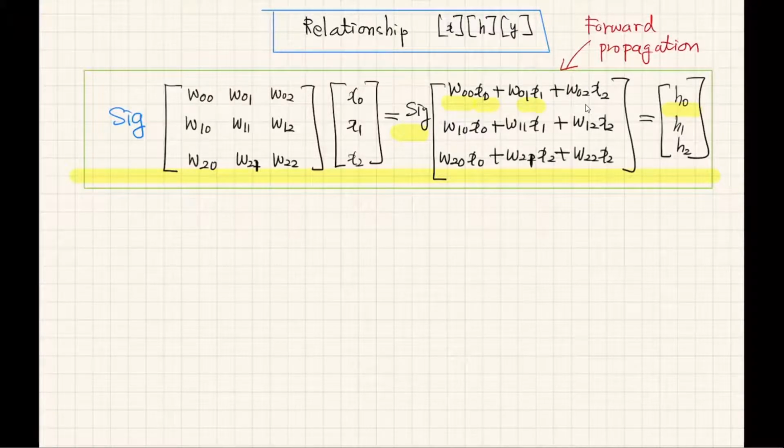Now, even though this is a little bit tedious, routine work, let me continue this mathematical description of perceptron connection and forward propagation.